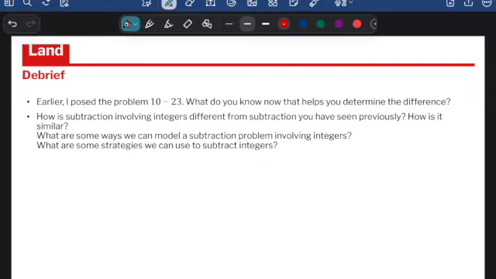For the debrief, let's look at our problem 10 minus 23. Okay. We start at positive 10, and then we're going to move which direction? With negative 23, we're going to move to the left. So we start at 10. Here's 0. We start at 10.